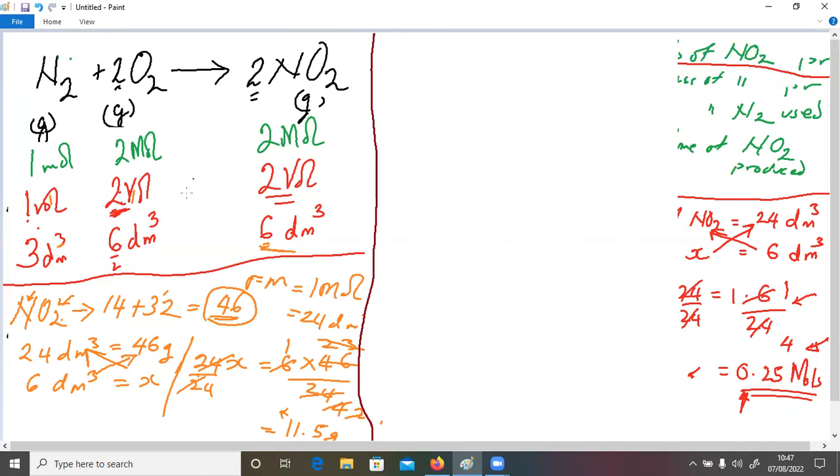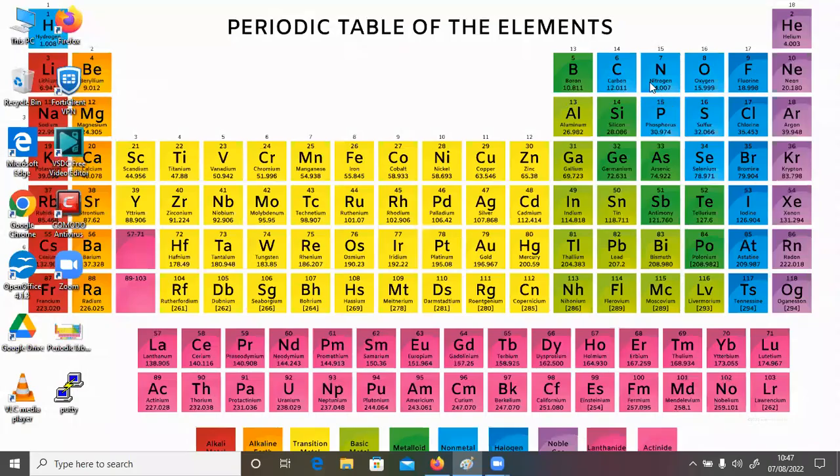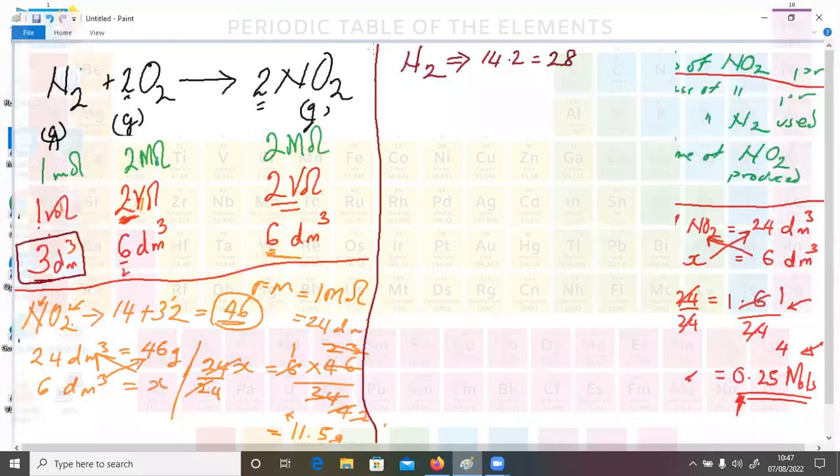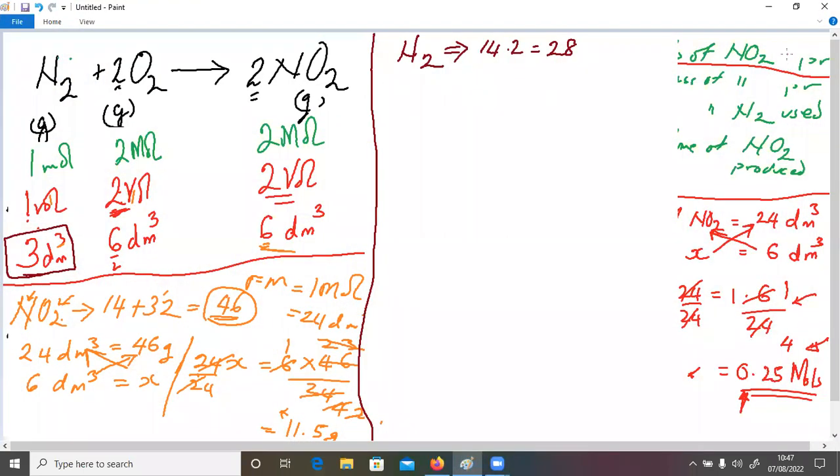Okay, now we say we produced 3 dm cubed of nitrogen gas. Its formula mass is 14 multiplied by 2, which is 28. 14 is because the relative atomic mass of nitrogen is 14. But nitrogen gas contains two atoms of nitrogen, so its mass is 28.